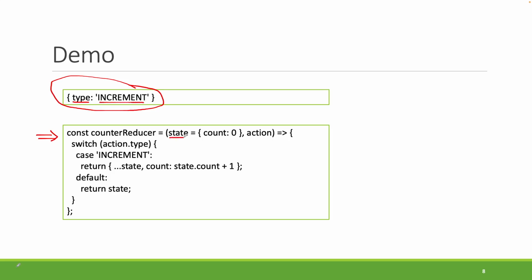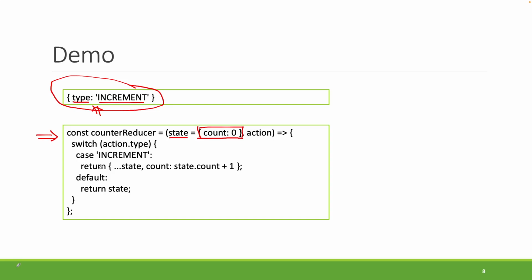Suppose you give me the same current state, okay? The current state is the count, default is count 0. We use this one as an example. Suppose my current state is count equals 0, okay? And now you give me this action, which type is increment. Then I'm going to execute our count reducer to get the new state.